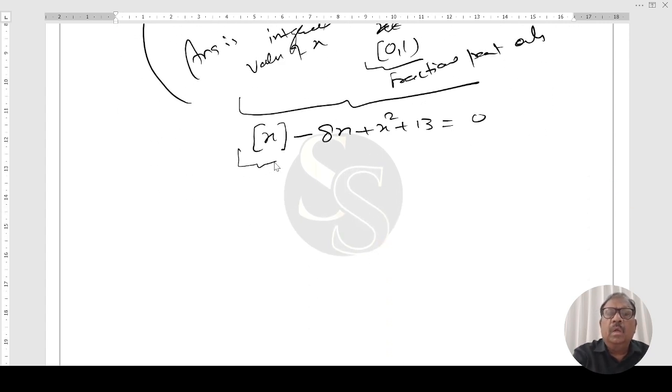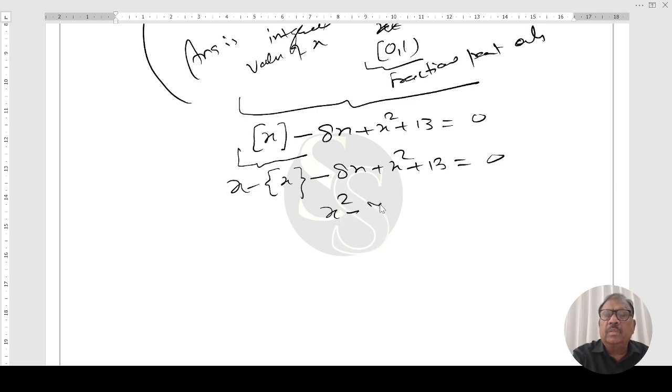Now, at this place replacing [x] with x minus the fractional part function {x}, on simplification we get x square minus 7x plus 13 equal to the fractional part function {x}.